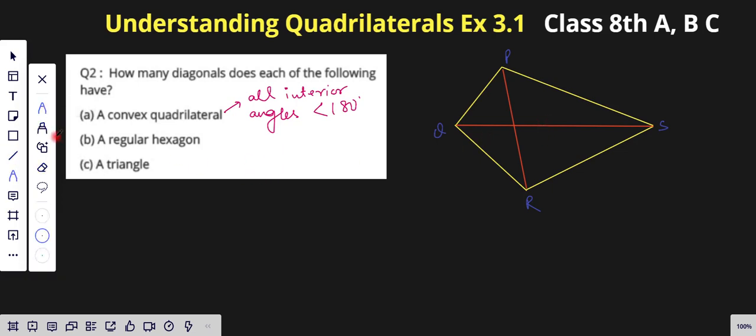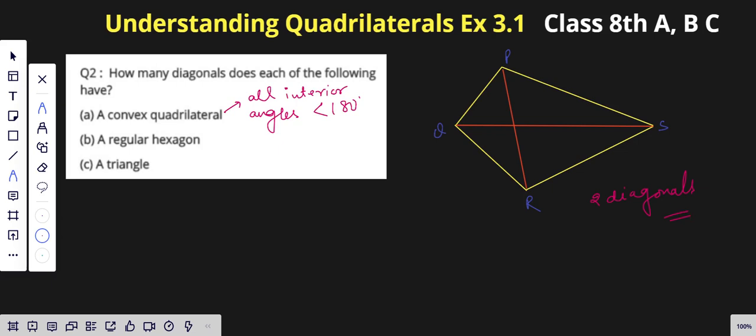Please note it down fast that only two diagonals are possible. So I'm writing here: two diagonals are possible. So how many diagonals does each of the following have? In this case, two diagonals.